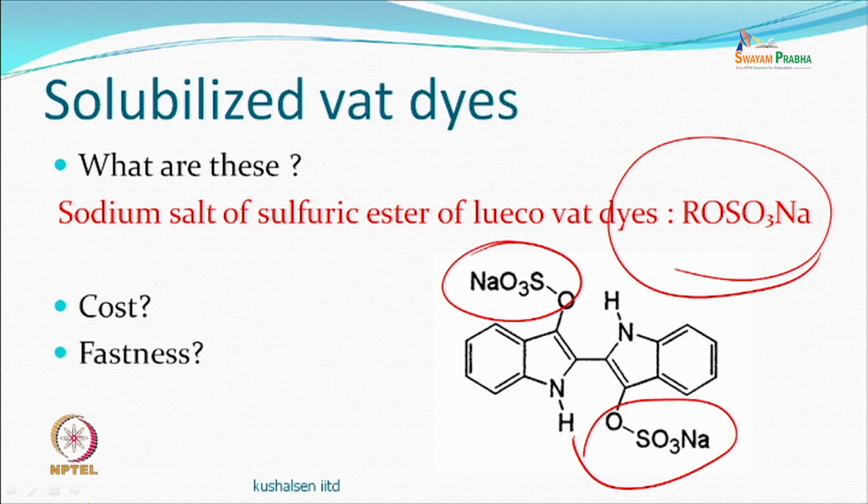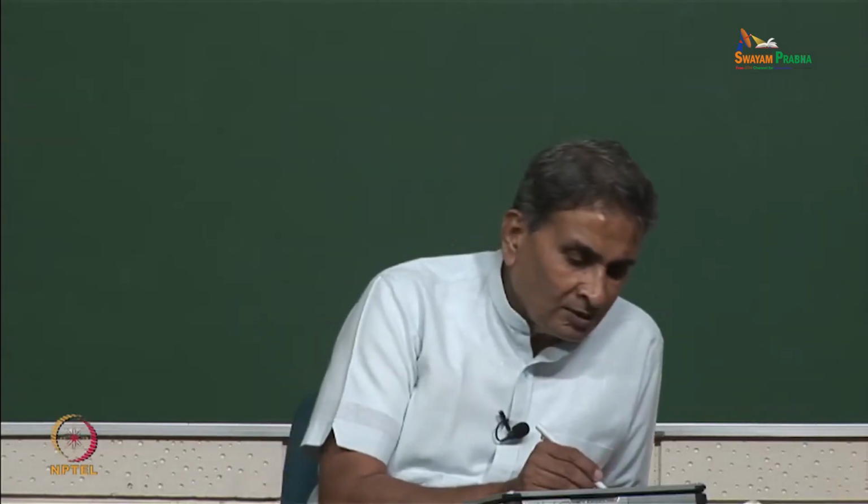At the end of the day, this will become the same dye after the final little oxidation cycle. It will be the same dye. And so this is what we call engineering a molecule to your own advantage. But cost is high, and of course the color palette that is available is not as wide as the vat dye, and the cost is quite prohibitive. But for printing purposes, if you really want it, they are there.